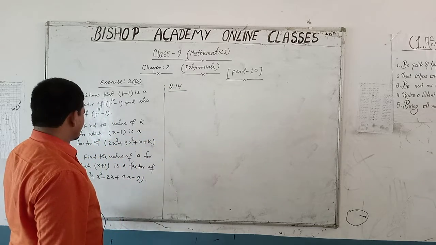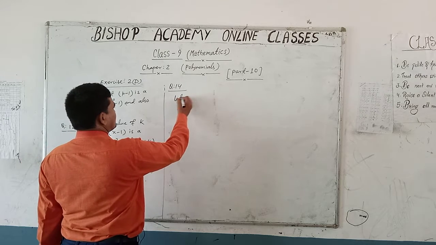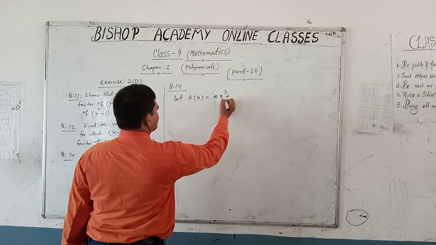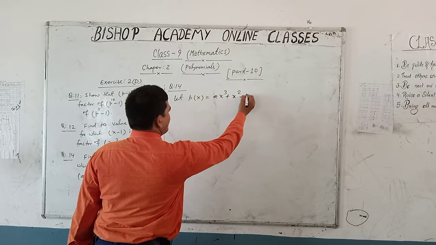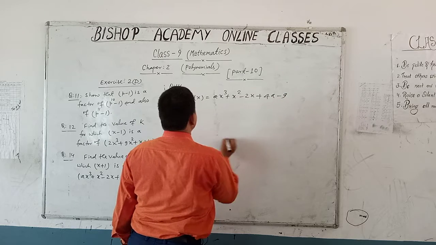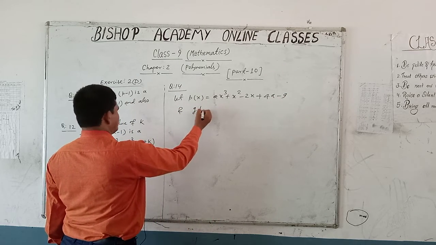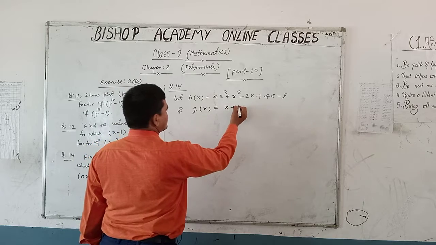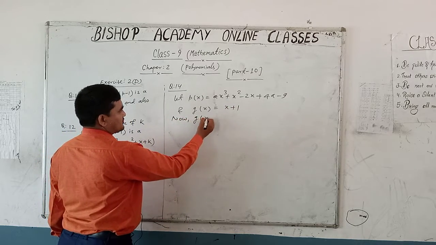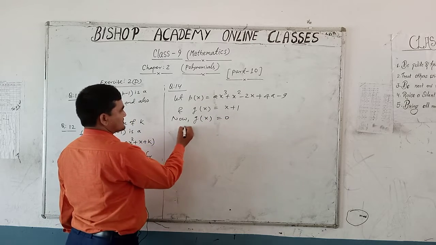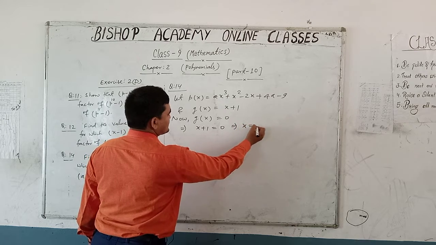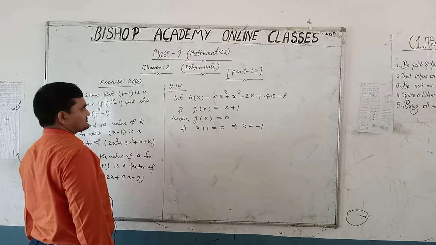And in this question, let p(x) is equal to ax cube plus x square minus 2x plus 4a minus 9 and g(x) is equal to x plus 1. Now g(x) is equal to 0, this implies that x plus 1 equal to 0, this implies that x equal to minus 1.